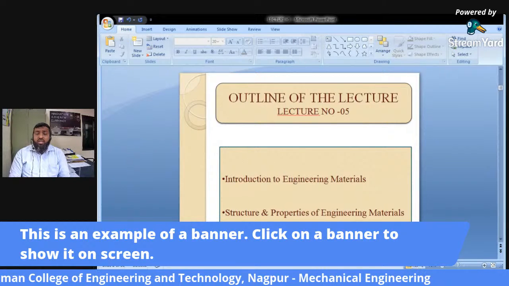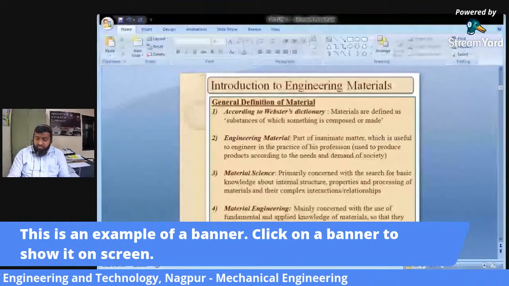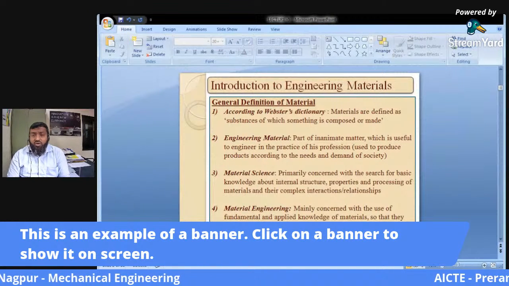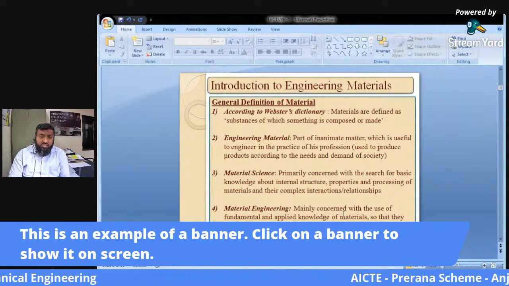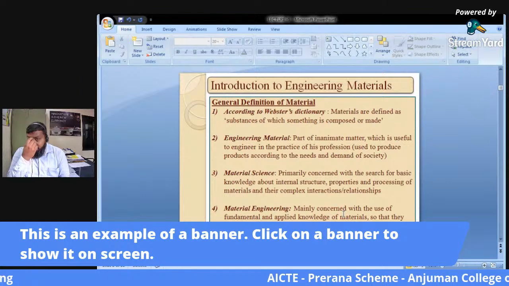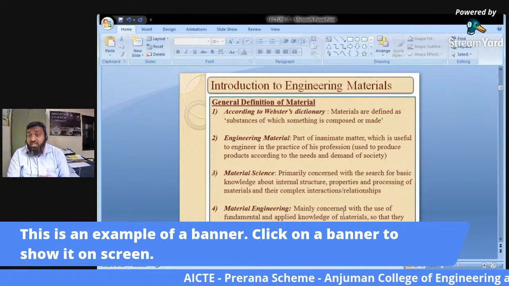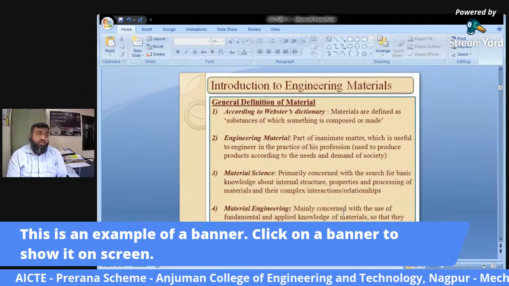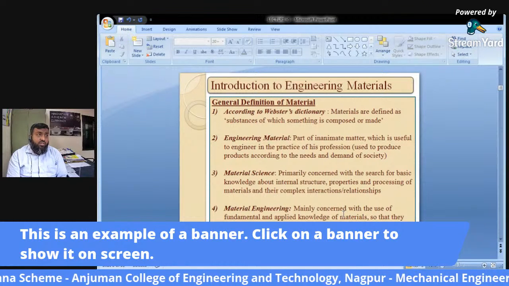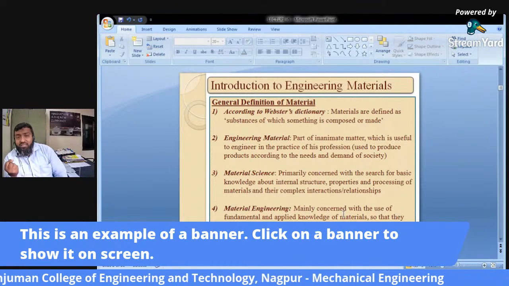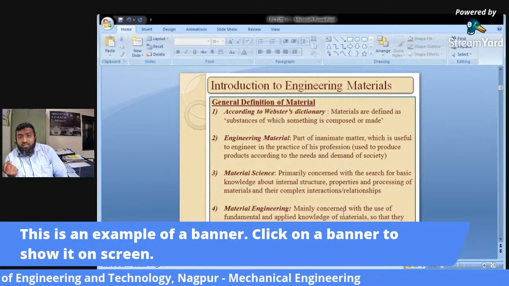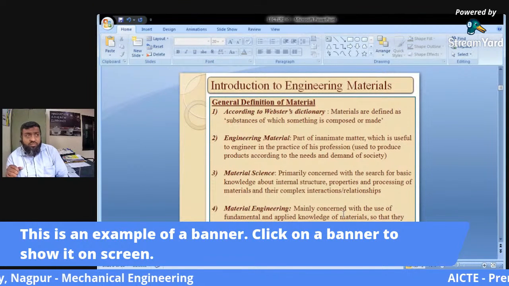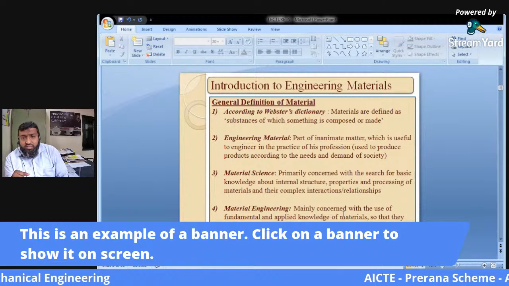So here I have briefly classified the definition of material according to different sources. According to Webster's dictionary, materials are defined as the substances of which something is composed or made of. Something is made from something.